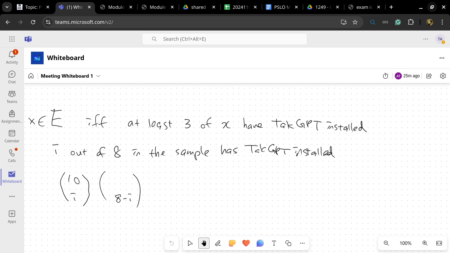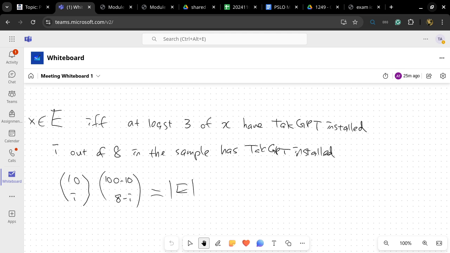Well, 10 has TAC-GPT installed, which means how many do not have TAC-GPT installed? 90, 100 minus 10. So I'm going to write exactly that, because I want to make sure that you guys see the relation between the 10 and the 90. So this is the cardinality of E.